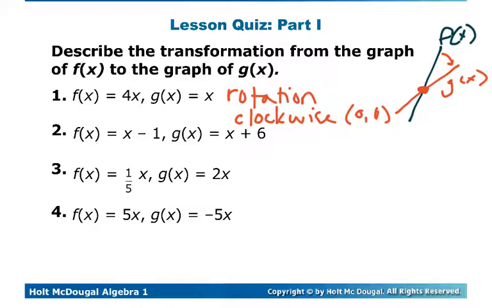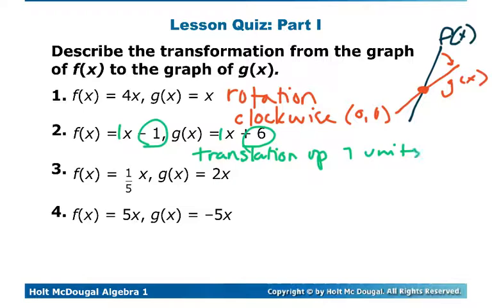Alright, the next one here, imagining what's happening, they've got the same slope, but now instead of an intercept at -1, it's now at 6. And so that means that it's going to be a translation. And it's actually up 7 units.